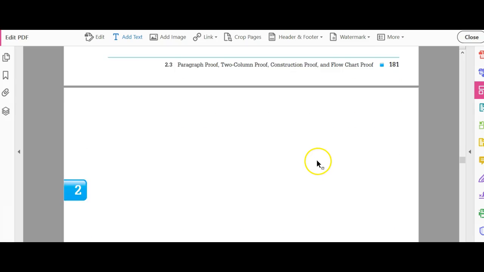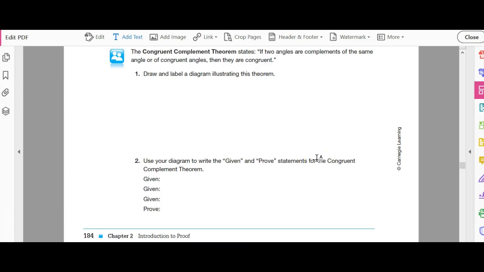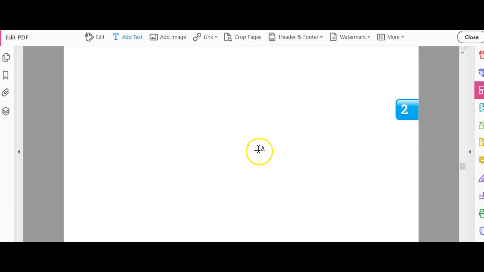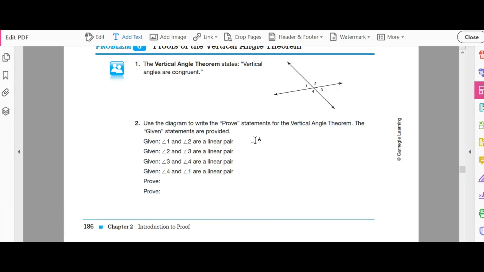And for a diagram, instead of showing two linear pairs like 1 and 2, 3 and 4 equaling 180, now you're going to be showing two right angles, with a right angle split into 1 and 2, and a right angle here, 3 and 4. So you should hopefully have got that done using the same exact approach.